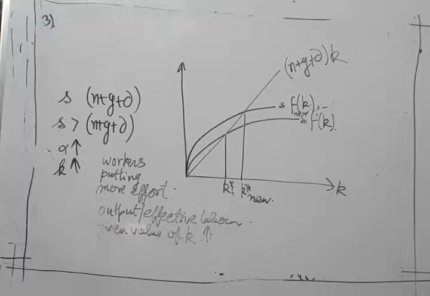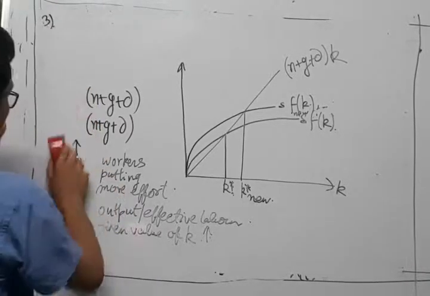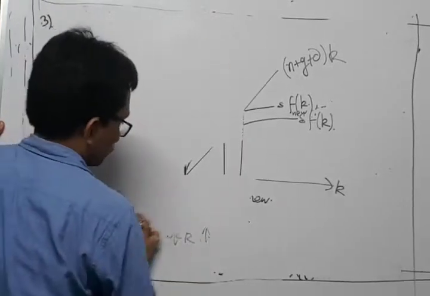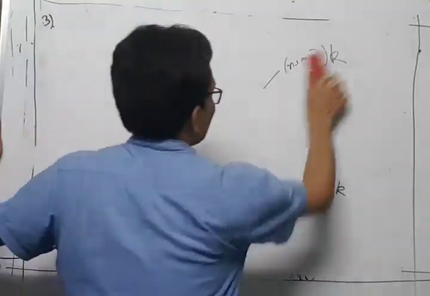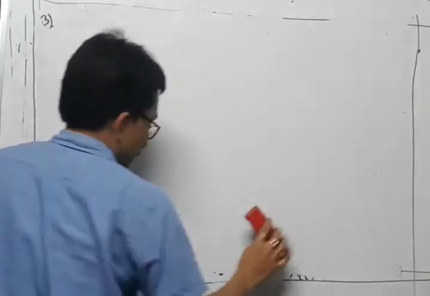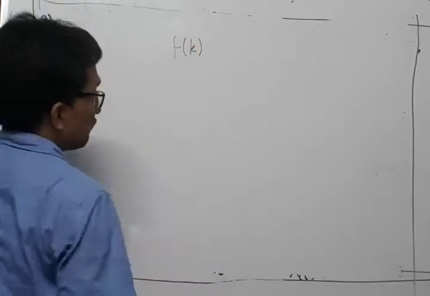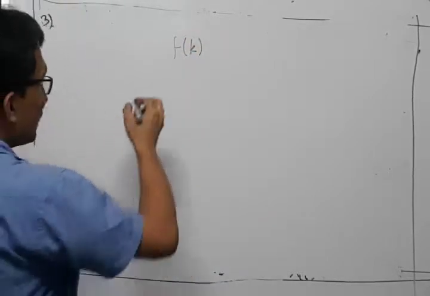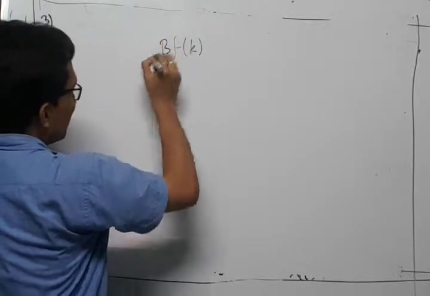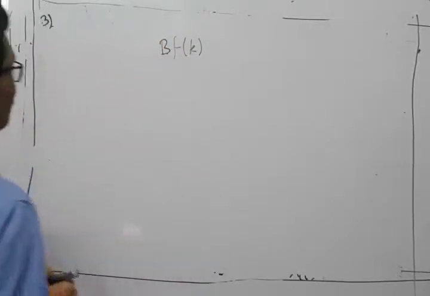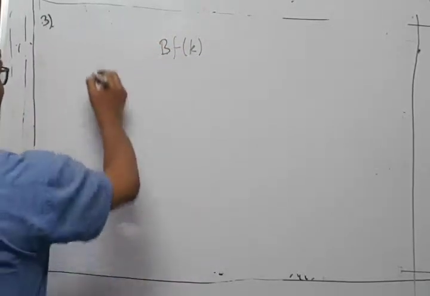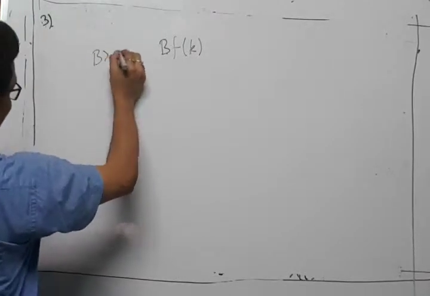So to do this, initially we will be considering the intensive production function, that is the production function in intensive form, f of small k. We will be modifying this intensive form by introducing a constant b, where b is a positive number, that is b is greater than 0.